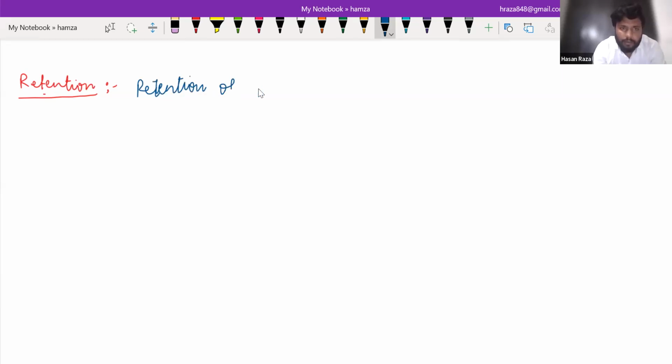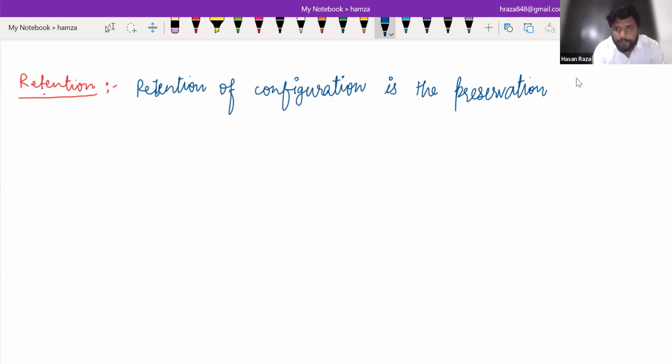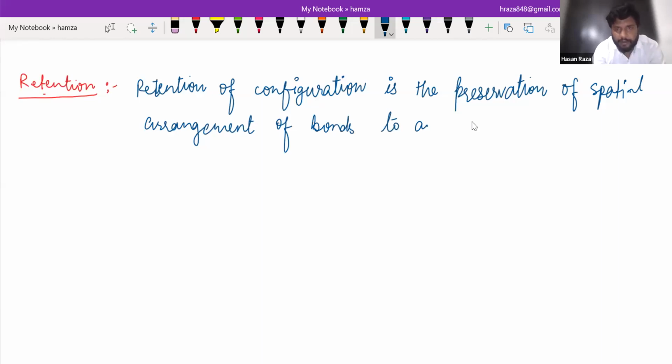Retention of configuration is the preservation of a spatial arrangement of bonds at an asymmetric center during a chemical reaction.